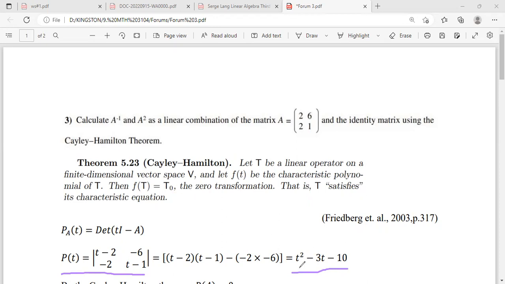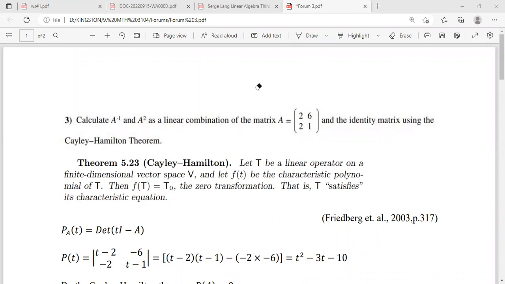So wherever we see t here, we will input our matrix A. And for the constant 10 at the back here, we'll use 10 as the coefficient for the identity matrix. So we're coming along neatly here in applying the principle of the Cayley-Hamilton theorem in finding A inverse and A squared. So let's see what other steps we'll reach next.